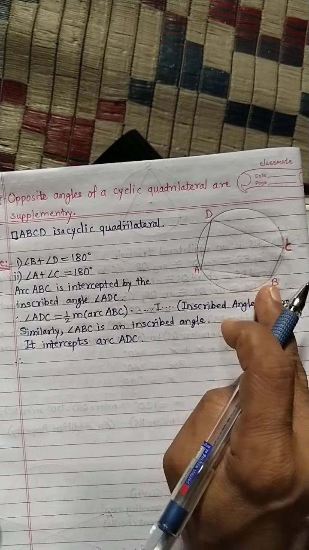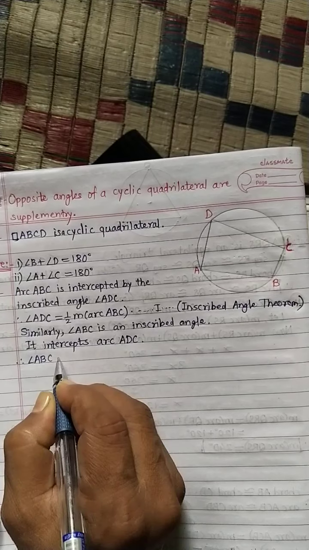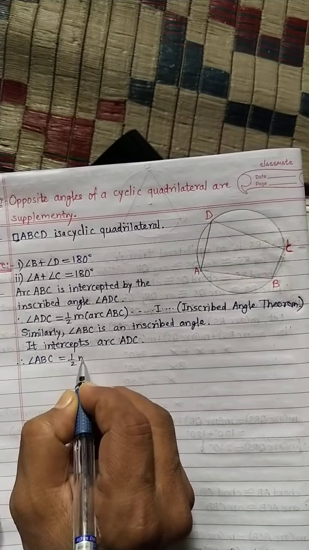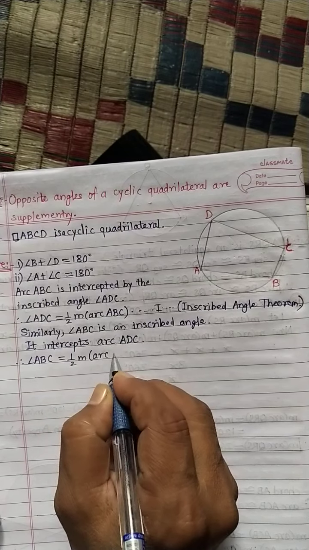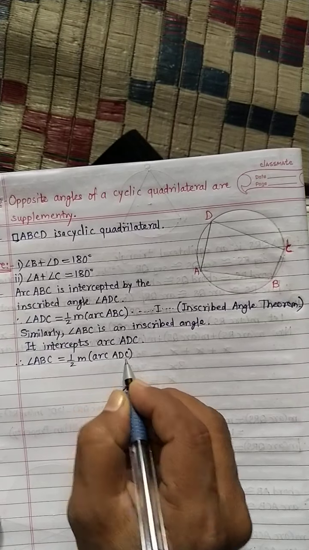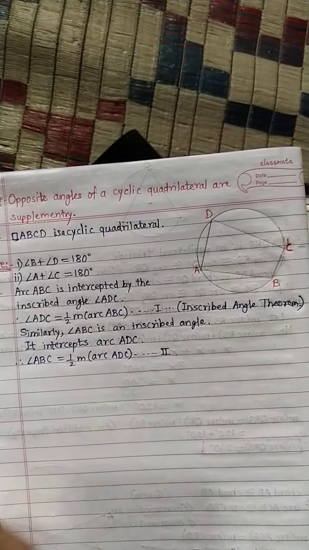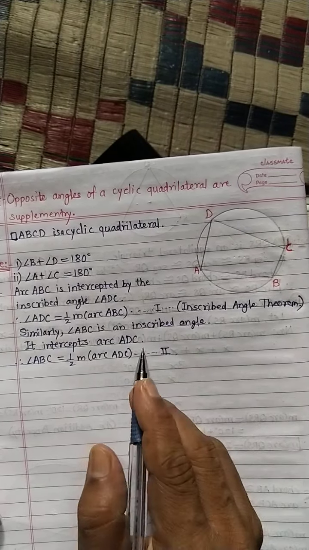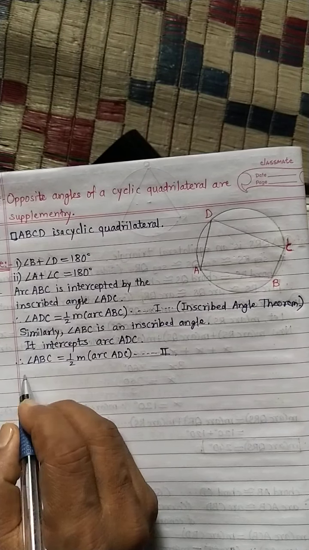So angle ABC is equal to half the measure of arc ADC, and here the number is 2. So now we have to add statements number 1 and 2.